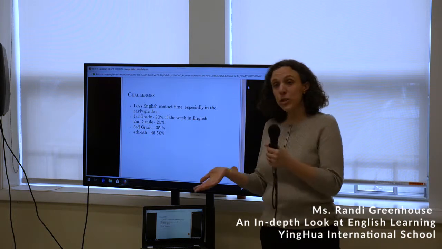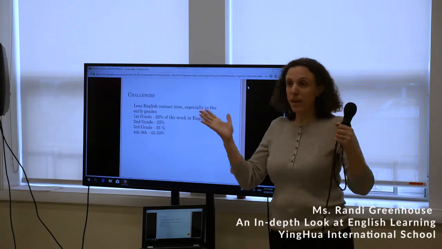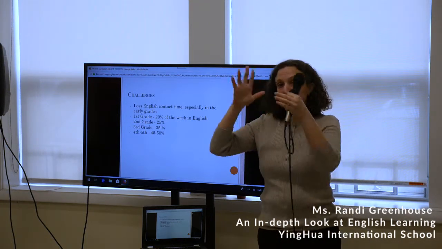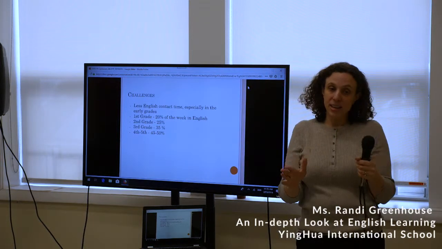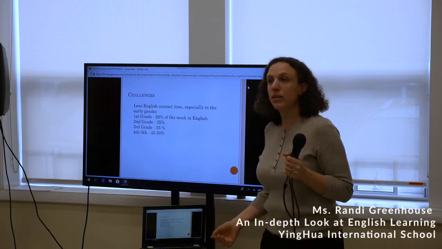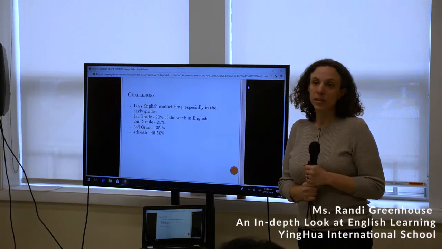And then once you get into middle school, the schedule looks very similar to a regular middle school in another school, which would be, they have their Chinese class, they have English, they have history, so it's a little bit different. Isn't it 50% in Chinese in middle school? A little less than 50. I would say probably 45%.